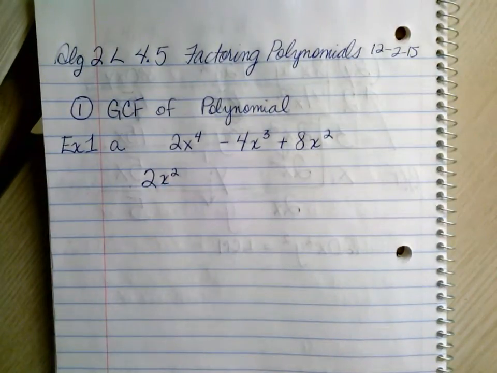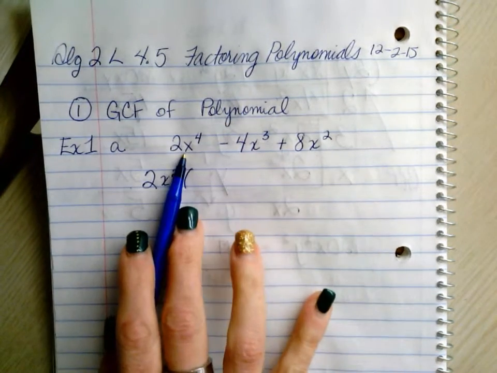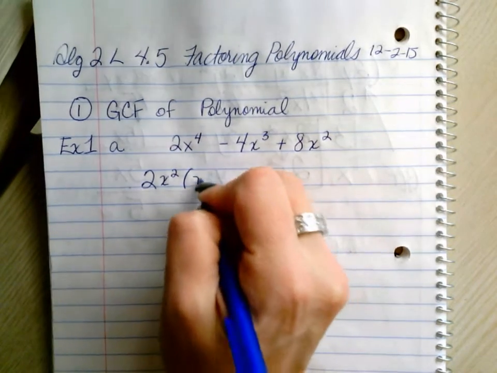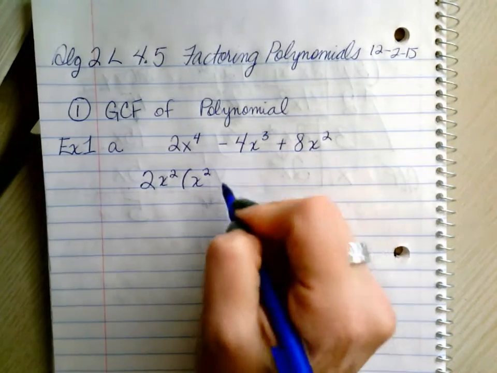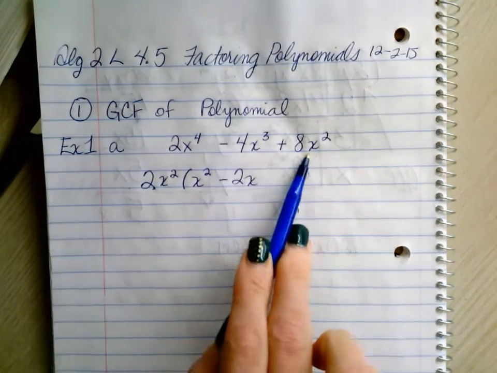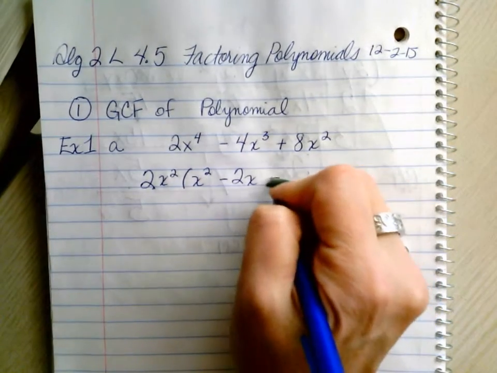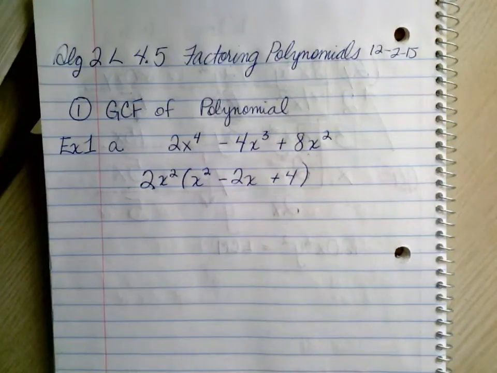When dividing that out of these items, the result is x squared for the first one. The next one is negative 2x. And the last one is plus 4. Does that make sense so far?